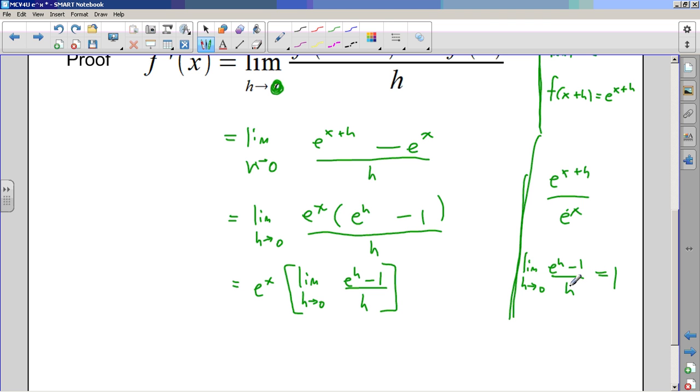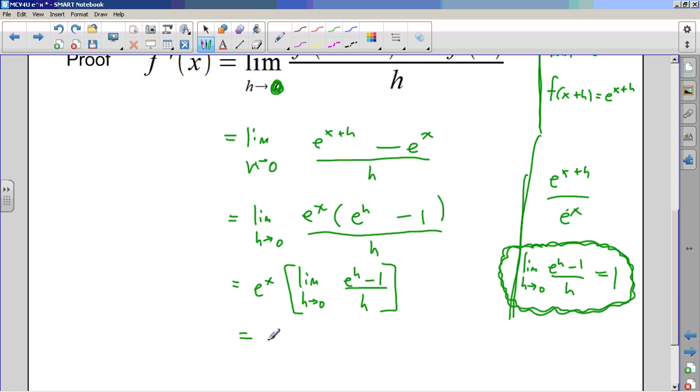One easy way would be to punch in a whole bunch of values of h that are close to 0 and see if you do get 1. But I'm going to do a video that explains in some detail, using calculus techniques, not just numeric techniques. I'll show you the numeric techniques as well, but why this is true. That'll be on a separate video, and you should watch it, but if you're short for time, you're going to remember that fact, that's fine.